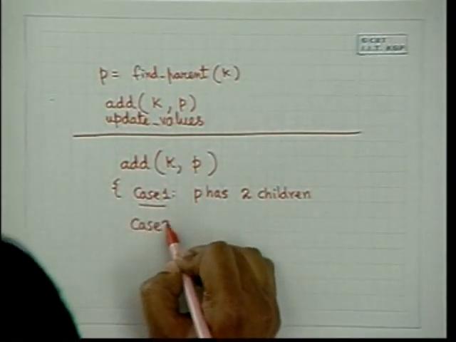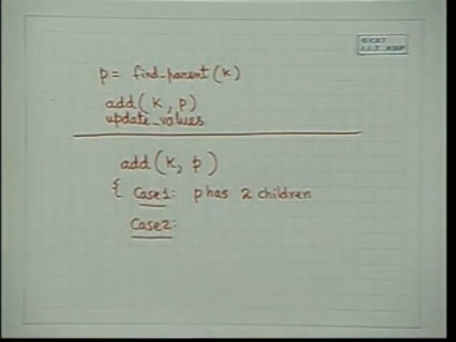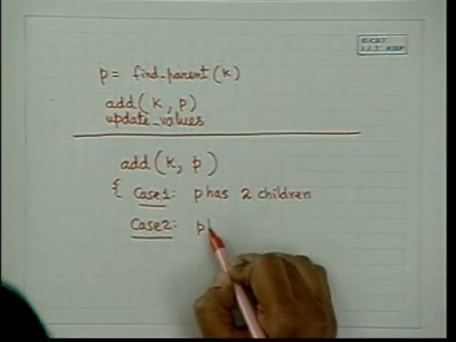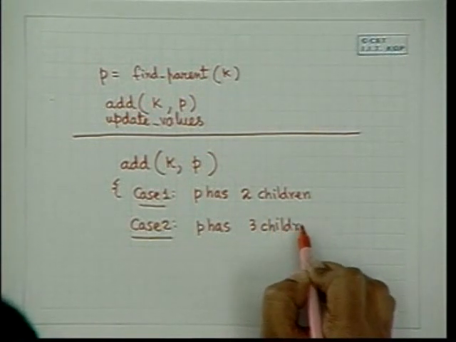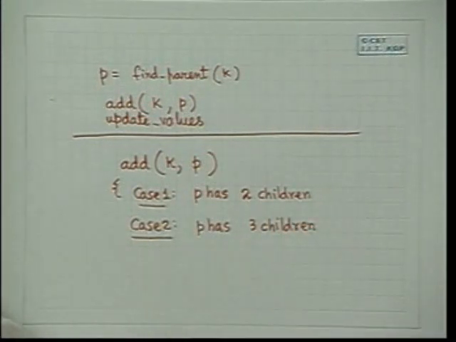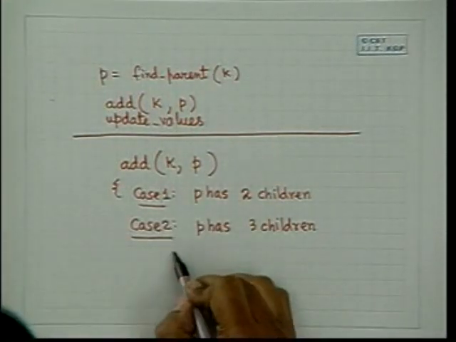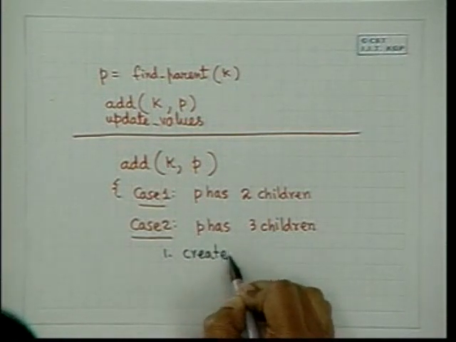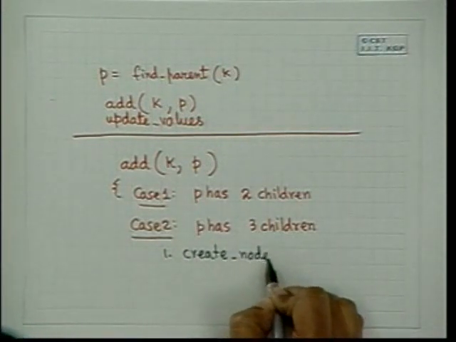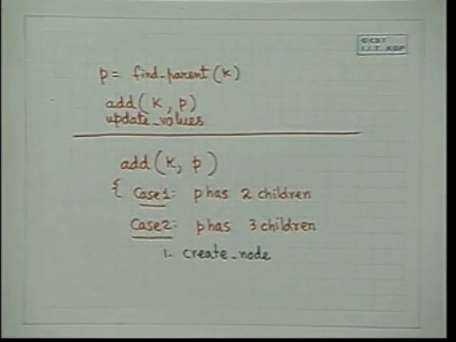And what is case 2? P has 3 children. This case is slightly more involved. What is to be done in this case? First, create a new node.